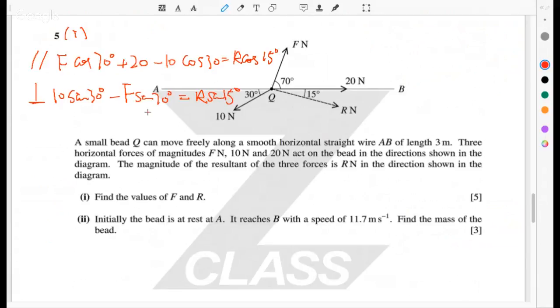And now you have a simultaneous equation, a set of two equations and two unknowns, which means you can solve it to give you F equals 1.9 Newton and R equals 12.4 Newton.